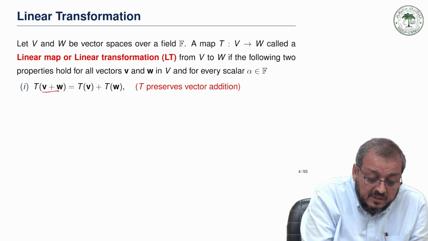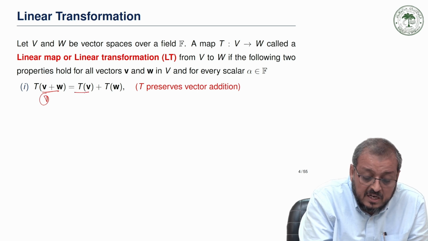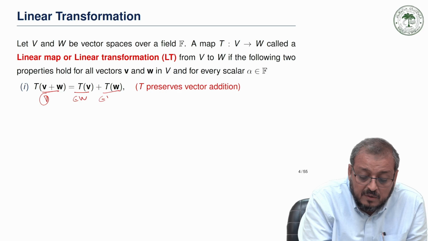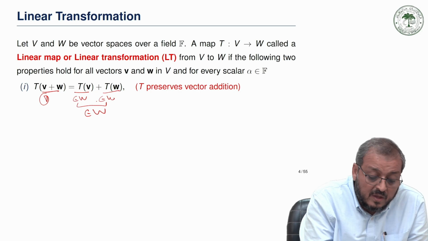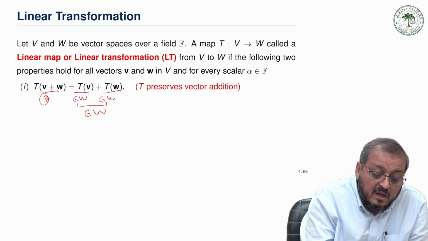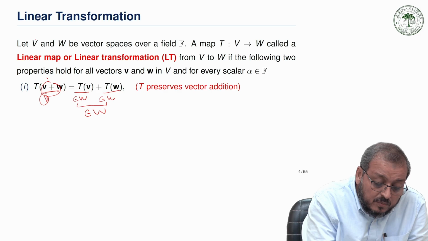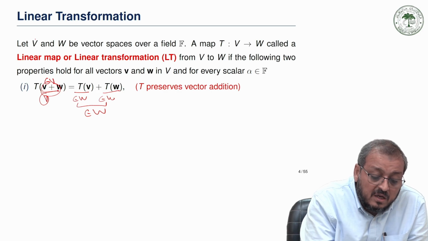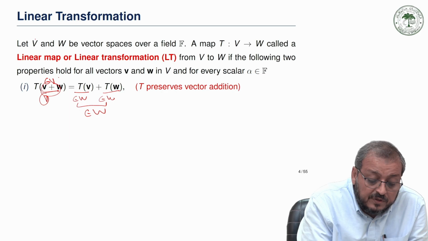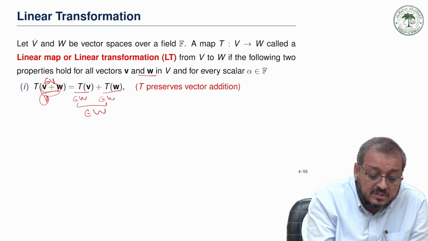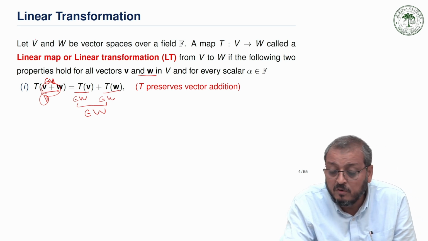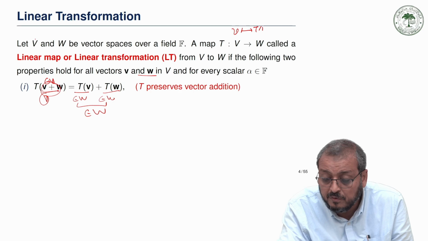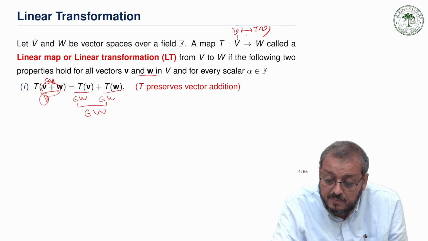Because this sum is under the addition in V, and the result is an element of V. Tu is an element of W, and Tw is also an element of W, since elements of V are mapped in the form of T of v, so the sum in W is also defined.